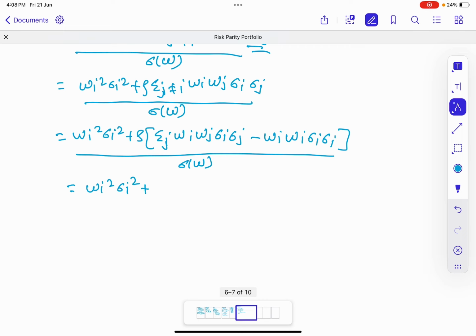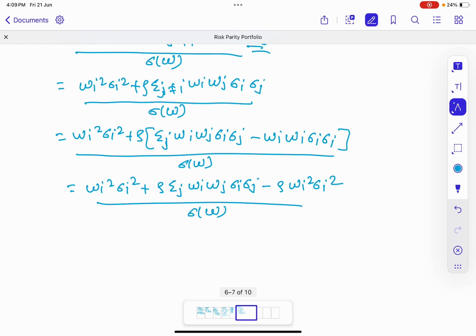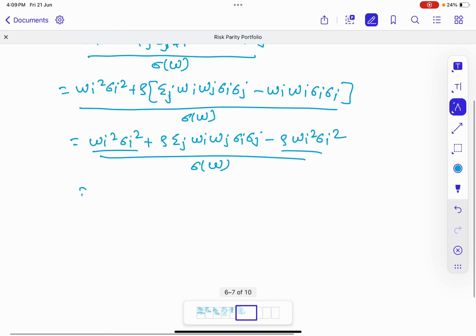Okay, and then if you try to see this term, basically this term would be rho for all j, wj sigma j, right? And then it would be nothing but minus rho omega i square sigma i square, right? These terms have something in common, so we can write 1 minus rho omega i square sigma i square.